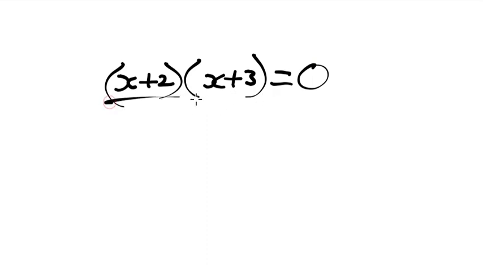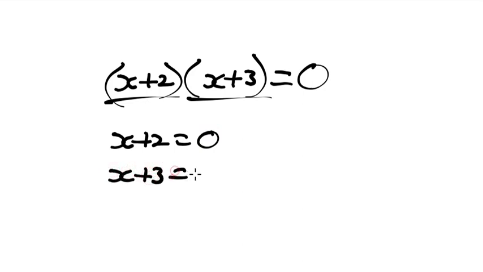You can't times two numbers together to make 0 unless at least one of them is 0. Either x plus 2 equals 0 or x plus 3 equals 0.